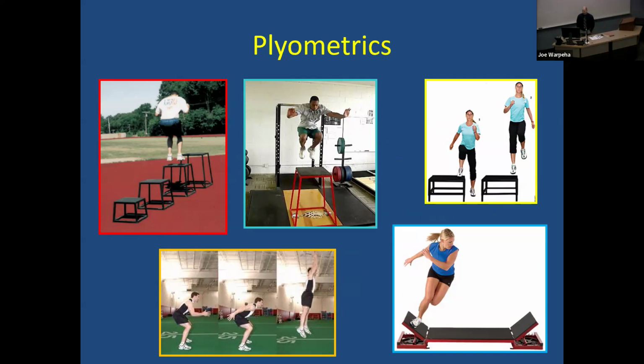But something I'd encourage you to think about that I think often gets lost is this picture down here in the lower right. Do you know what that's called? Very few people know what this exercise is called. It's a common one, but it may not have come up in your vocabulary up to this point, even if you were an athlete.